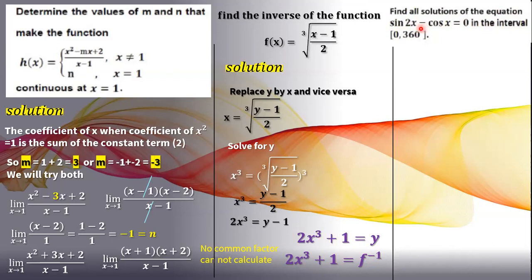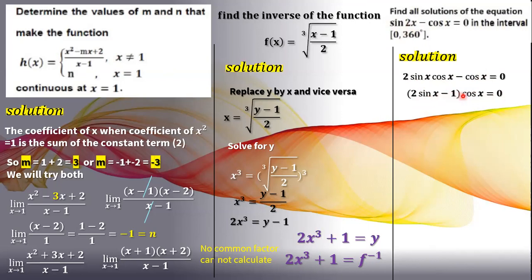Now we have the identity: sine 2x, the double angle, equals 2 sine x cosine x, minus cosine x. Now we can factorize by the common factor. The common factor here is cosine x, so we will get 2 sine x minus 1 times cosine x equals 0.